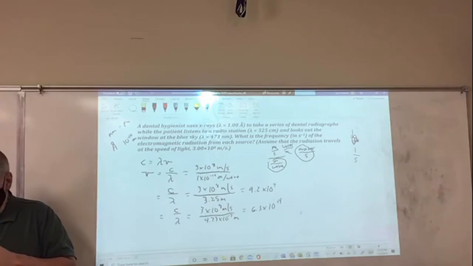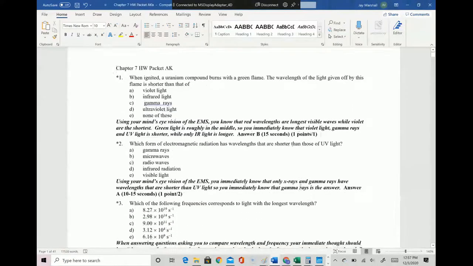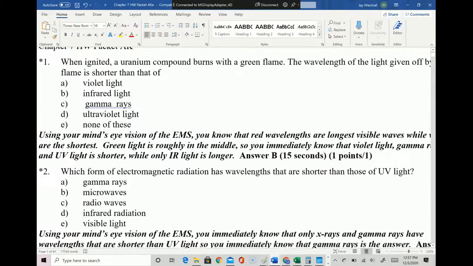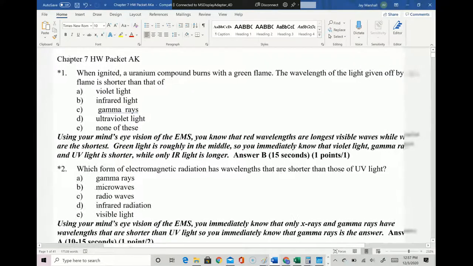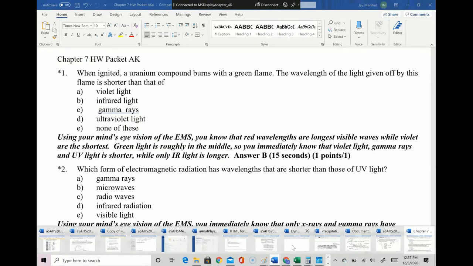Okay, so I have some other problems here that we're going to look at. Unfortunately, like I said, my printer did not want to print these.